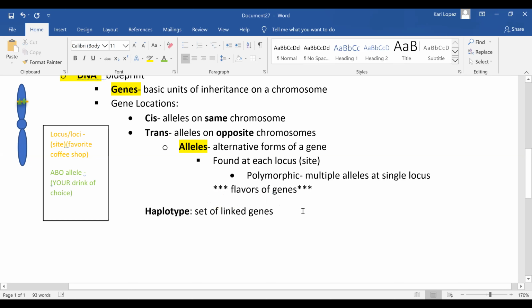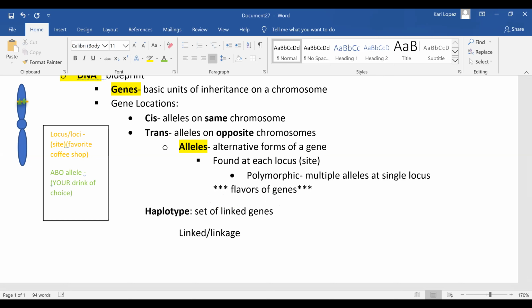Okay. So your haplotype is a set of linked genes, and linkage is when two genes close to each other are inherited together. Two genes close to each other are inherited together.